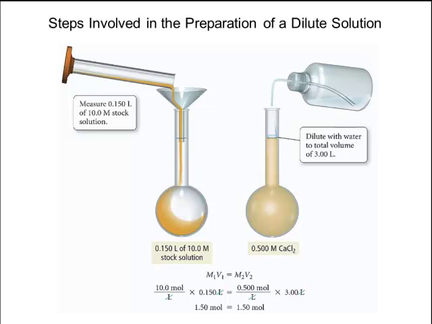Once I've got that 0.15 liters, all I'm doing is adding enough water to get me to a total volume of 3 liters, but I haven't added any extra calcium chloride. All I've done is just added water. Which means when I get finished, when I have the 0.5 molar calcium chloride and I have 3 liters of it, the number of moles in that new solution should equal the number of moles in my original solution that I started with. That's what the dilution equation works around.